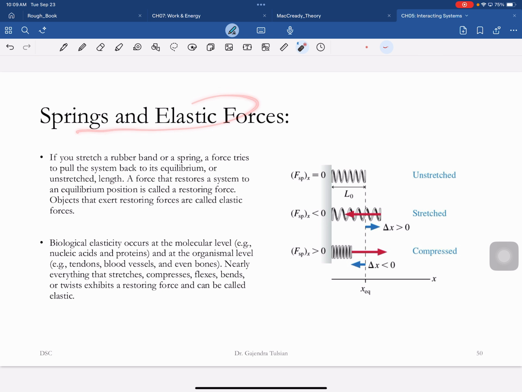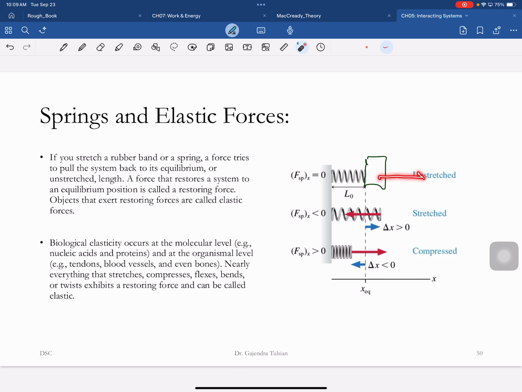So springs and elastic forces. Here is the unstretched position of the spring. If you stretch the spring, what does the spring do? Anything attached to the spring, it pulls back. If you compress the spring, anything attached to the spring is pushed that way. This is called the equilibrium position.